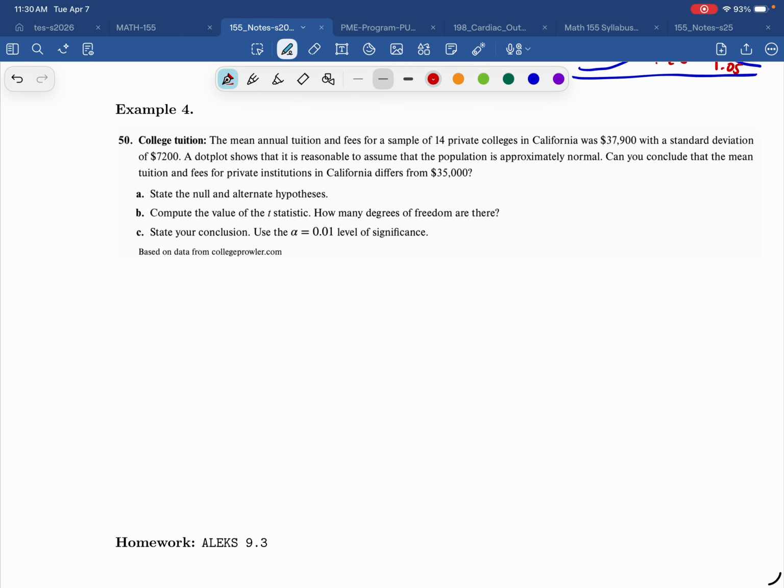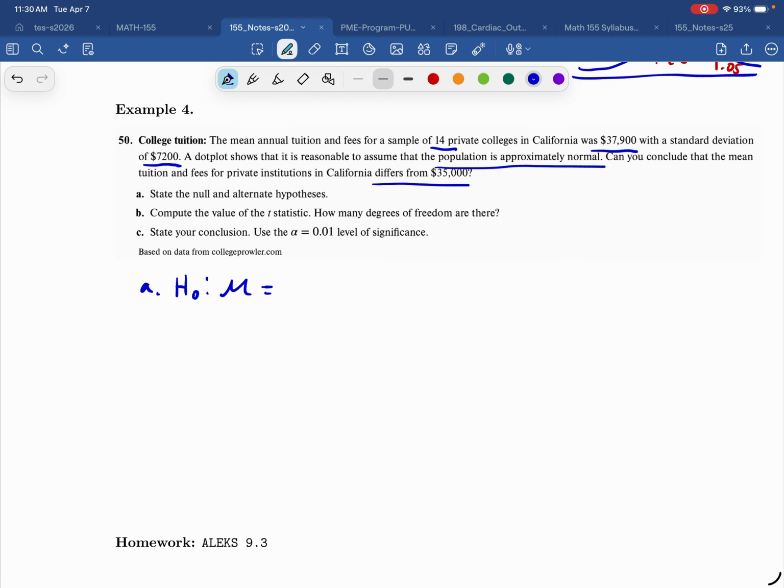You can pause to take a look. Looks like we are given a sample of size 14, 397, standard deviation that. It is important to note that the population is approximately normal. Can we conclude that this differs from 35,000? So again, state our hypotheses.